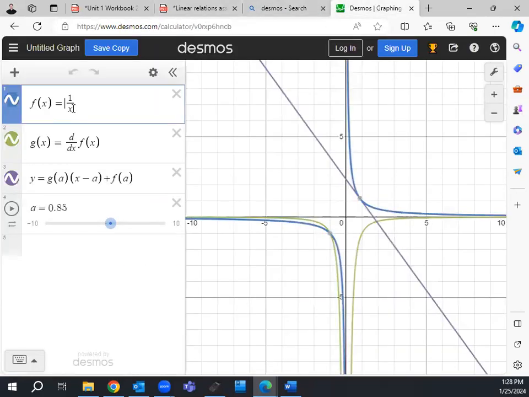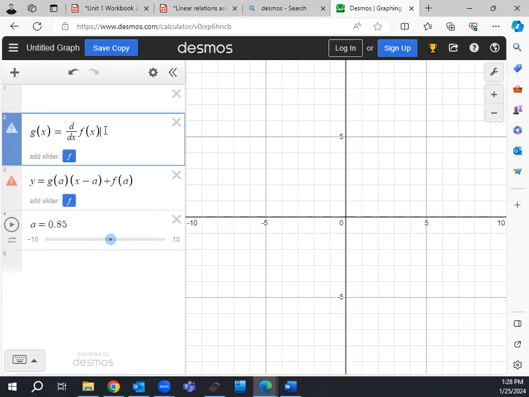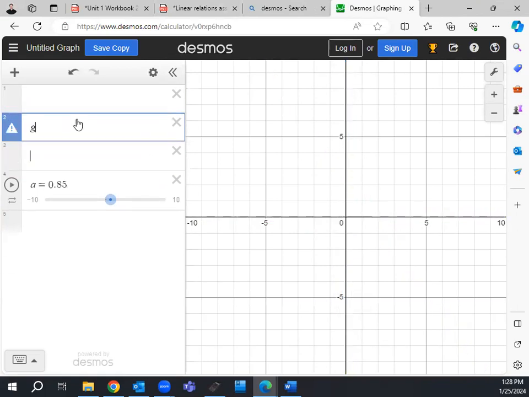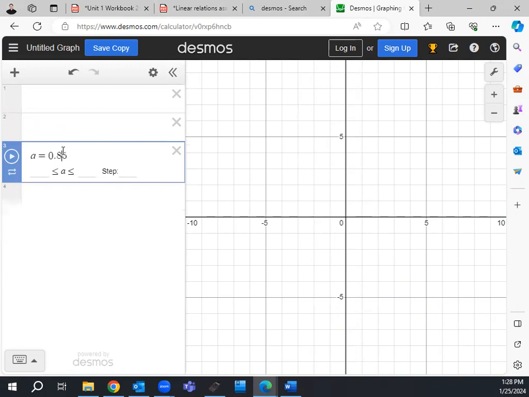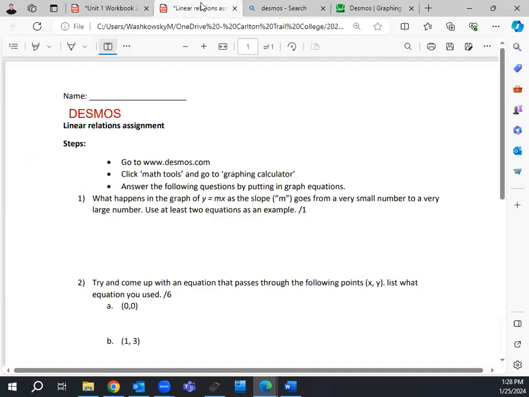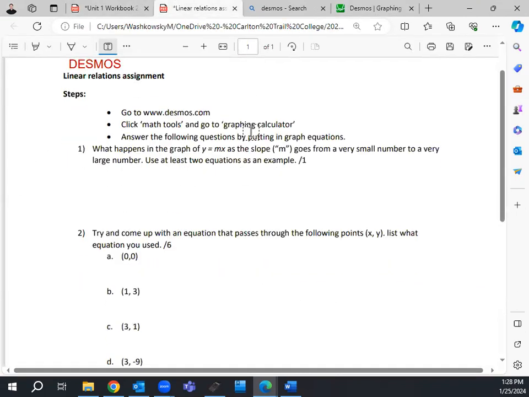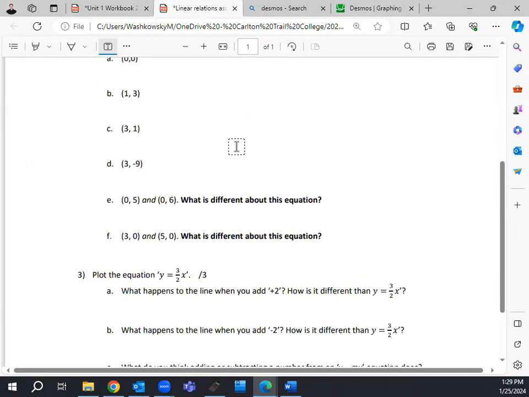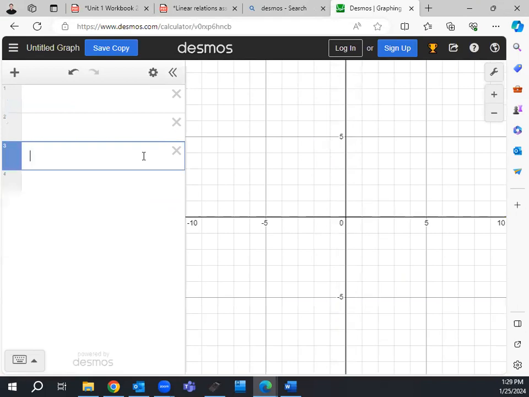All this is going to want us to do is use y equals mx and y equals mx plus b, and we're just messing around with it.